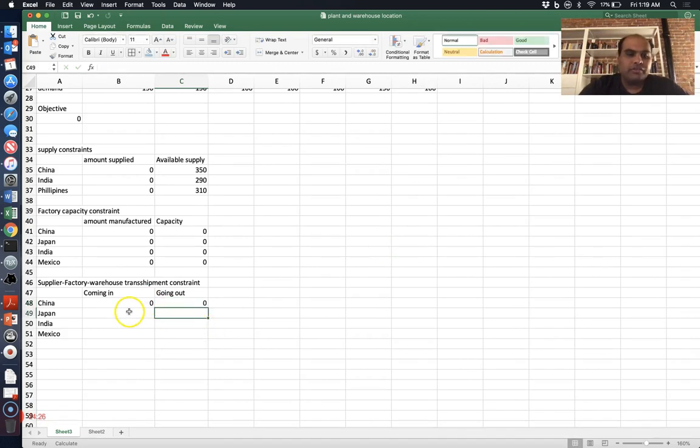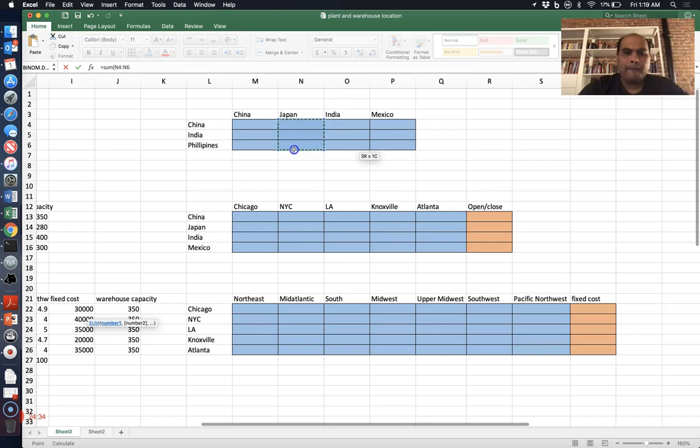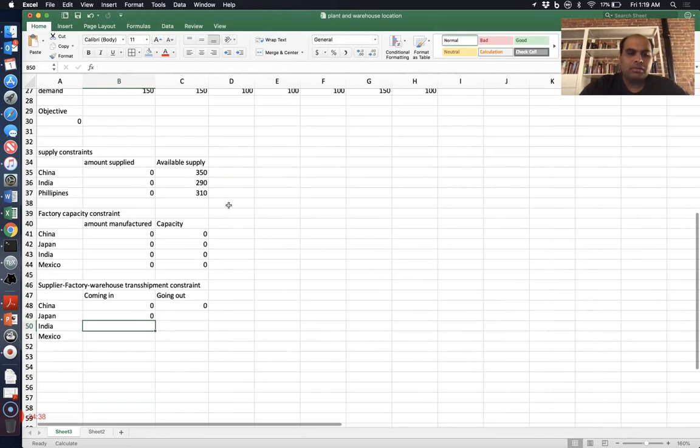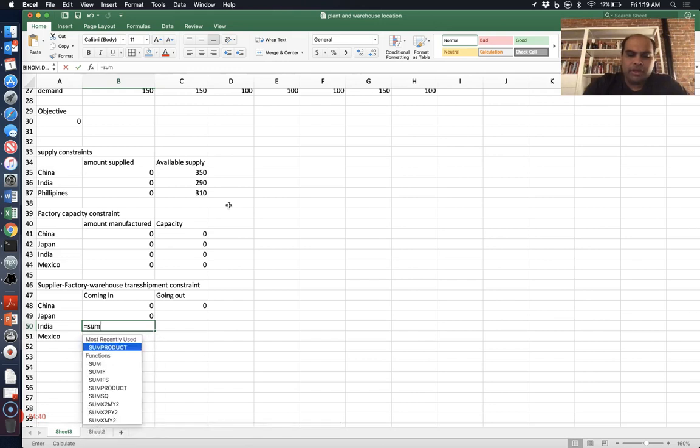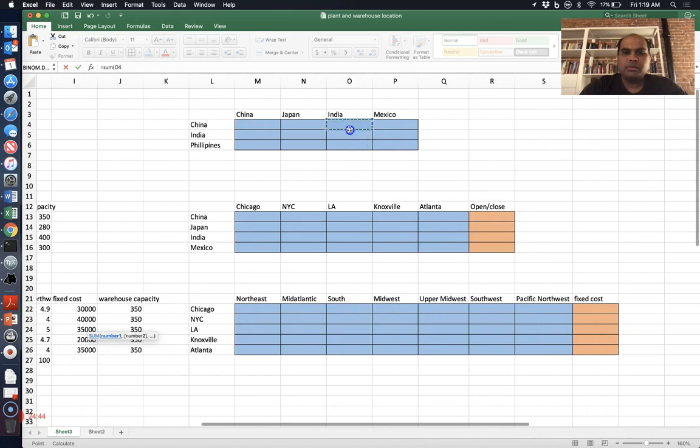Similarly, we're going to write the constraint for Japan, India, and Mexico. So this is everything coming in to the Japanese location. And this is everything coming into the India plant location.